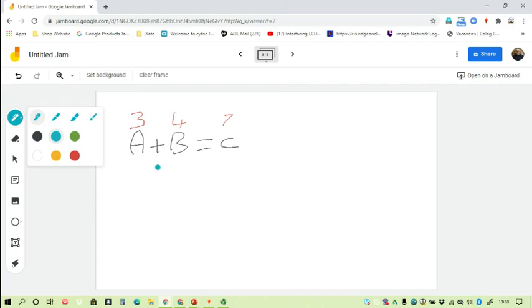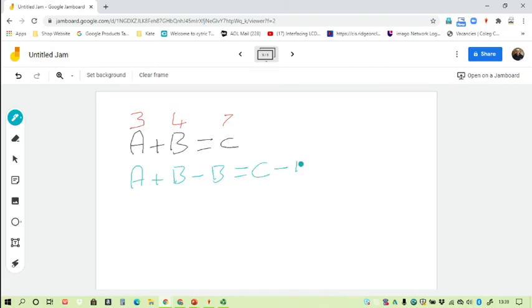So I'm going to do the equal and opposite. And what I'm going to do is A plus B minus B equals C minus B. Okay, so again, B minus B is nothing, so that all disappears. And then we come up to rewriting that formula, so I have A equals C minus B.